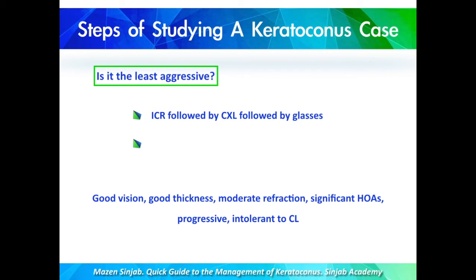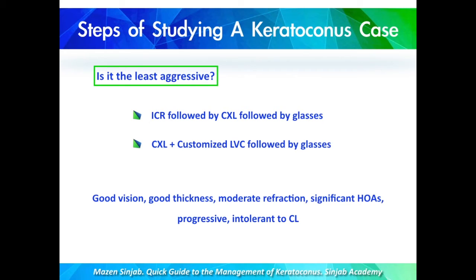Either to go for intracorneal ring implantation followed by cross-linking followed by glasses, or to do corneal cross-linking with customized laser vision correction followed by glasses. Now let us think, which one is least aggressive? Actually, intracorneal rings are less aggressive than the other option.